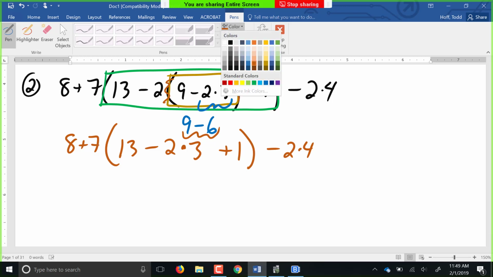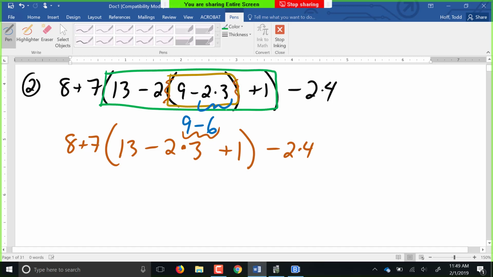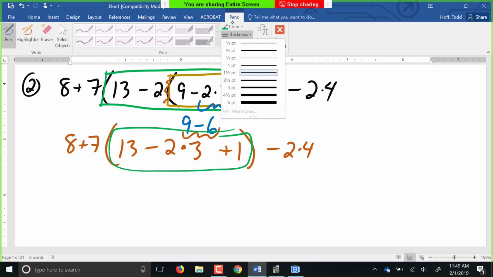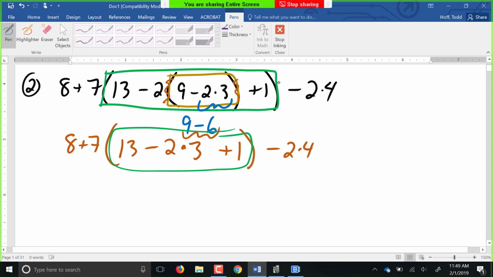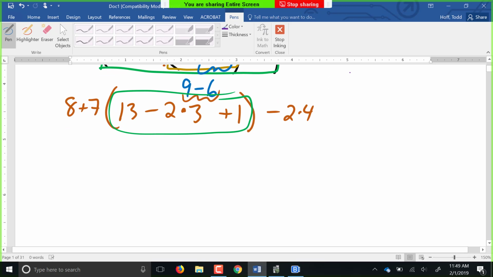So now we'll rewrite the rest of the problem, and we're moving out to that outer set of parentheses, or the green box. What do we have to do first there? Two times 3, which gives us 6 again. And now again, I'm only going to rewrite what was inside that parentheses.